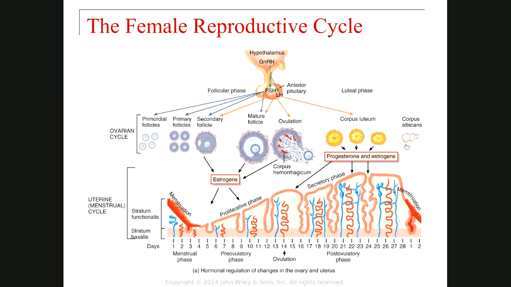This hormone is produced, as I told you, by the chorion of the embryo, beginning about 8 days after fertilization. Like LH, HCG can stimulate the secretory activity of the corpus luteum. The corpus luteum remains in the ovary for about 3 months.